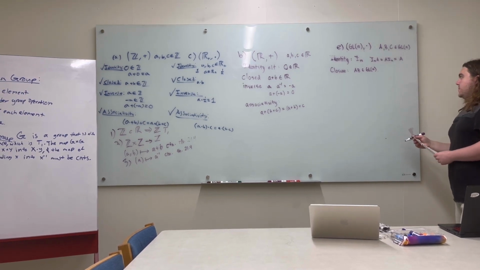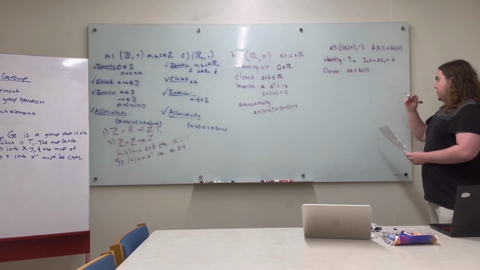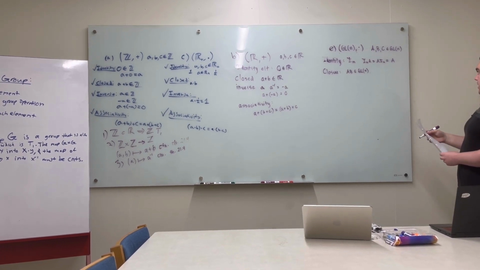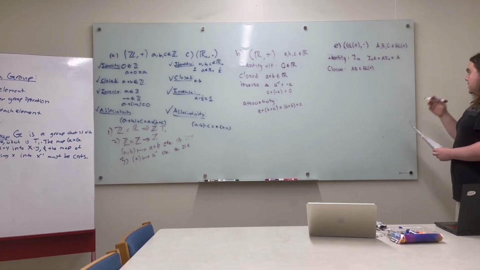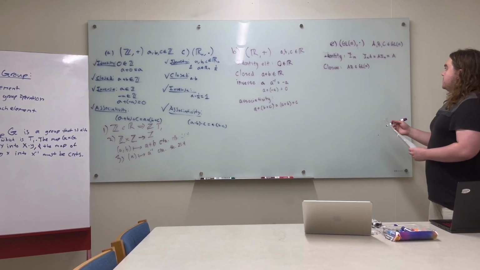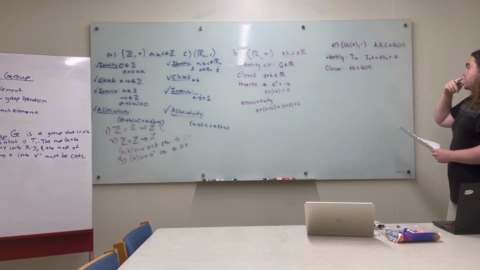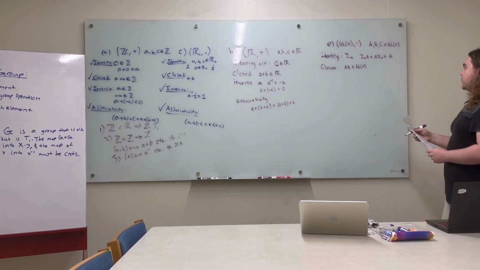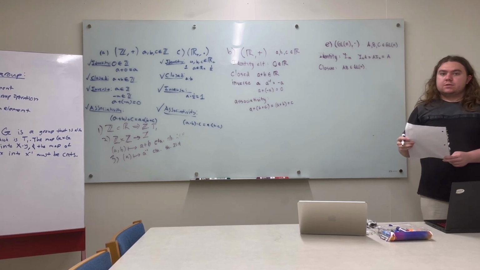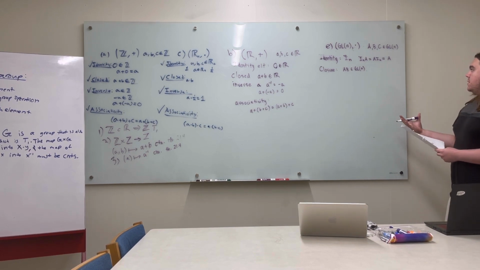Just with how matrix multiplication works, this operation AB is also going to produce an n by n matrix, and it will be non-singular because the determinant of this matrix will be the determinant of A times the determinant of B. Those are both non-zero by definition, so it'll be non-zero for AB, which will make it non-singular.